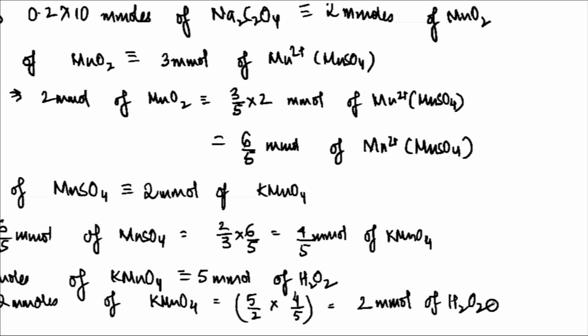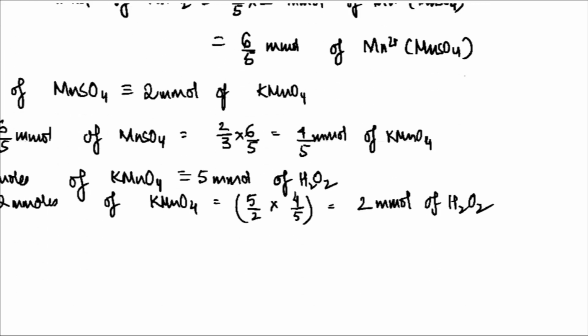Therefore, now the number of millimoles of H2O2 is calculated: millimoles of H2O2 is equal to M into V in ml.